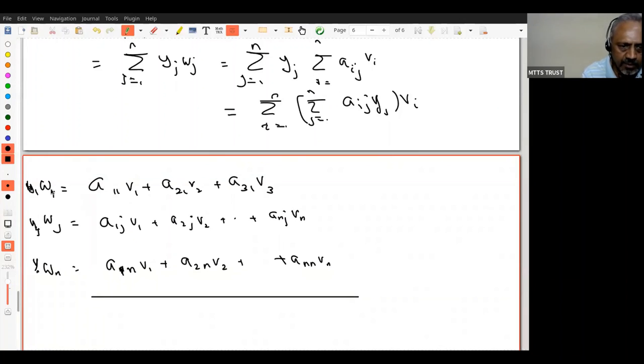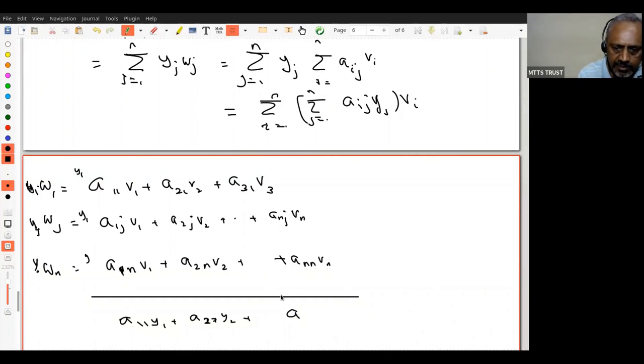Therefore, it's going to be y1 times here and yj times here. So all the v1 coefficients, when I add, what will I get? I will get a11 y1, a21 y2, and the jth thing will be a1j yj.